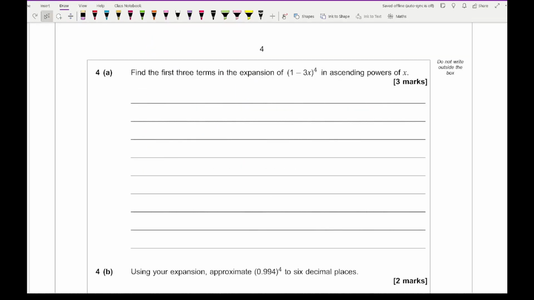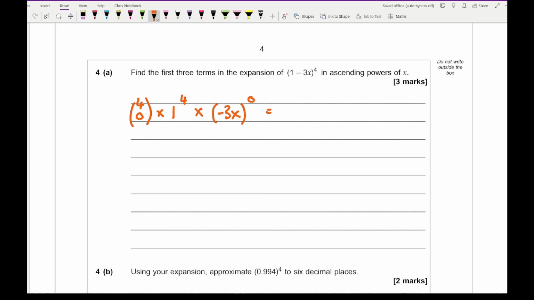So then moving on to question 4, it says find the first 3 terms in the expansion of (1 - 3x) to the power of 4 in ascending powers of x. So looking at the first term, it's going to be 4C0, with the first term to the highest possible power, and the second term, which is -3x, to the lowest possible power.